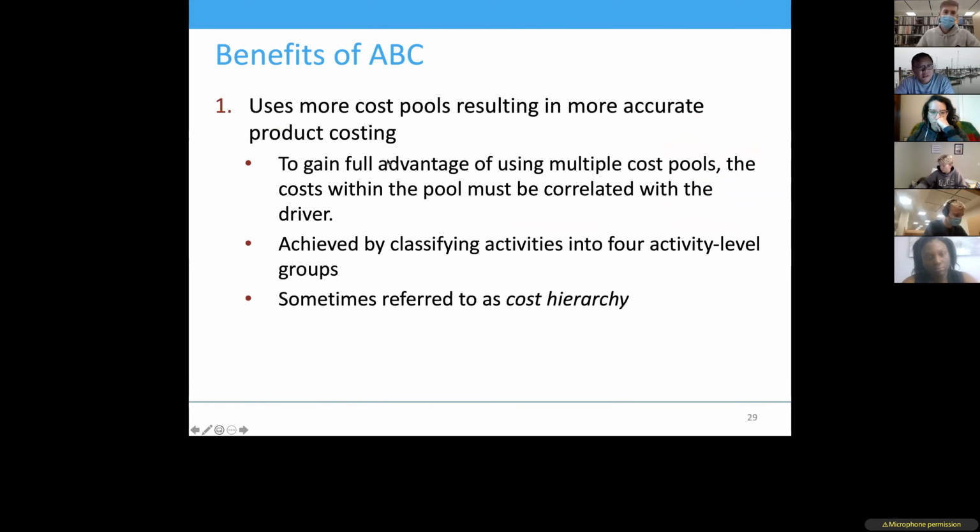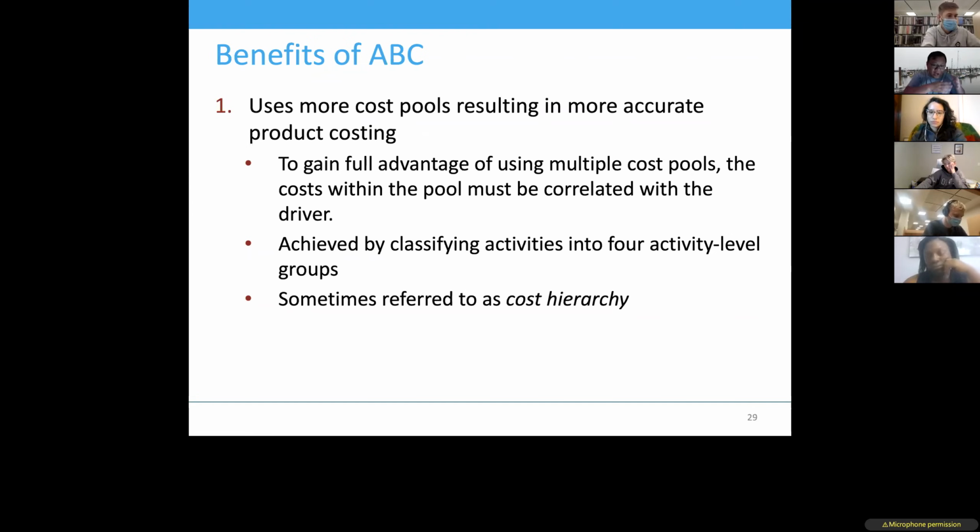Okay, so we'll talk about each of the benefits in a little bit more detail. Why are we saying that with more cost pools, you can have more accurate product costing? The reason is that once you have separate cost pools, you can have different cost drivers for each pool.